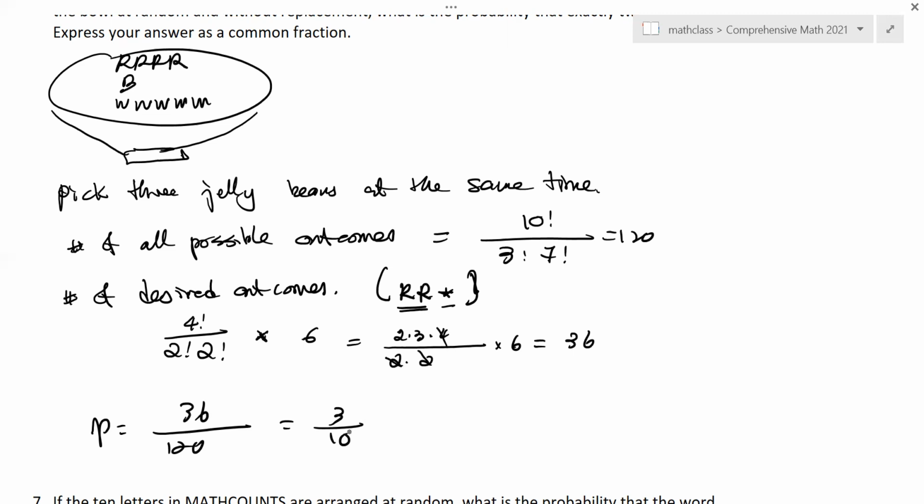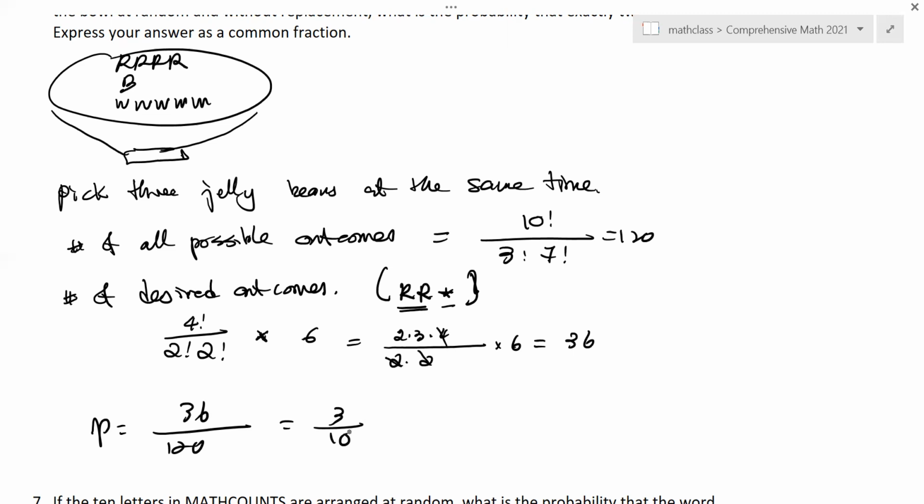Think about how you can get this. You pick 2 red beans first, so the number of outcomes will be 4 factorial over 2 factorial times 2 factorial, which is 6. Then you pick a non-red bean, for which you have 6 choices.